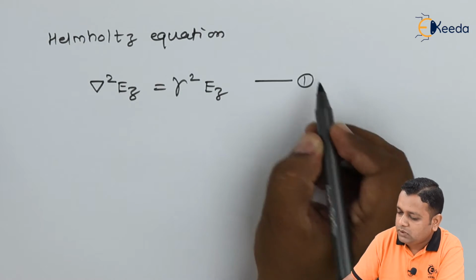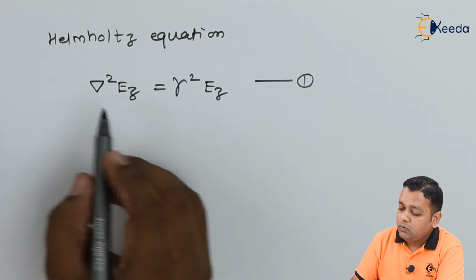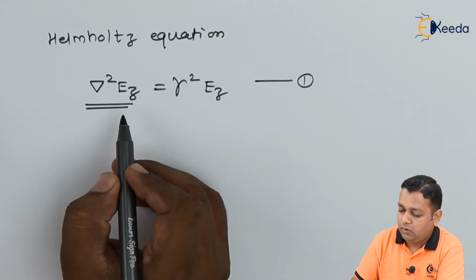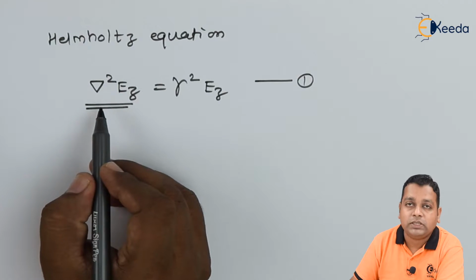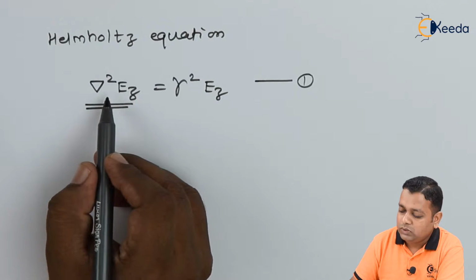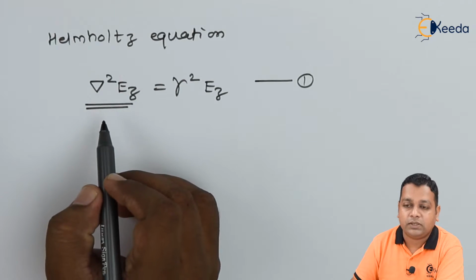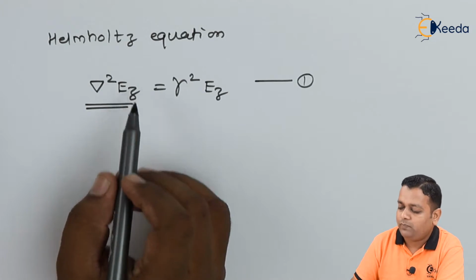Let this be equation number 1. Here del square, the Laplacian operator, is operated over the Ez component, which gives us the scalar representation of Ez.